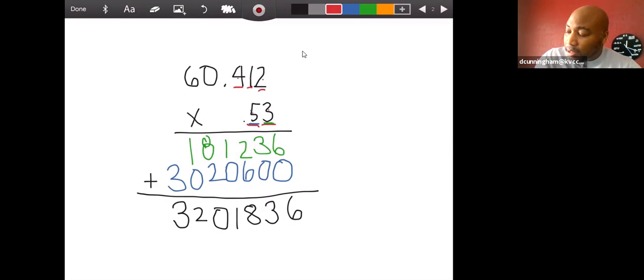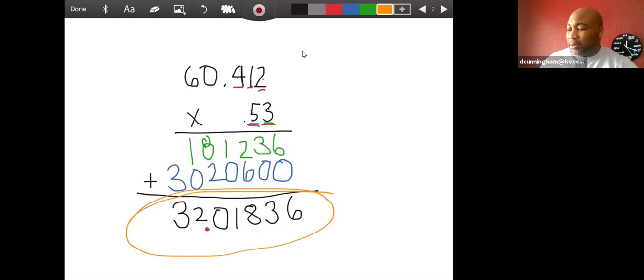And so since we start here with our decimal, we're going to move over 5 places. 1, 2, 3, 4, 5. And so our decimal will be here, and that will be our final answer. Making sure you put your decimal between the 2 and the 0. And that's how you multiply decimals.